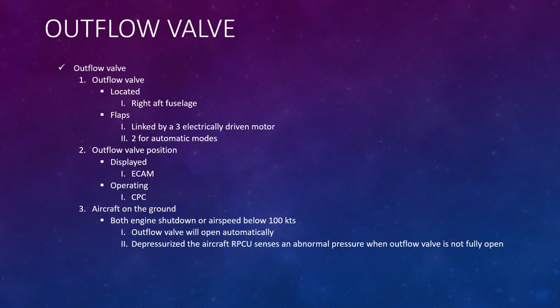The outflow valve is usually located behind the aft cargo compartment and below the flotation line. So if the guarded ditching push button is pressed, the outflow valve is one of the valves that will be closed.